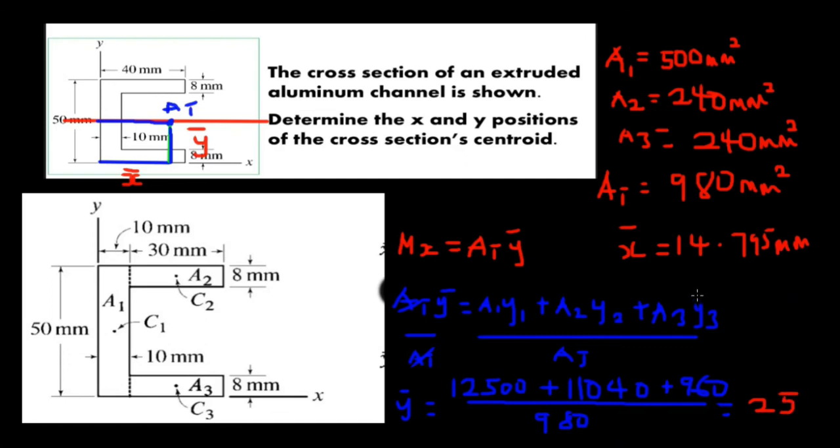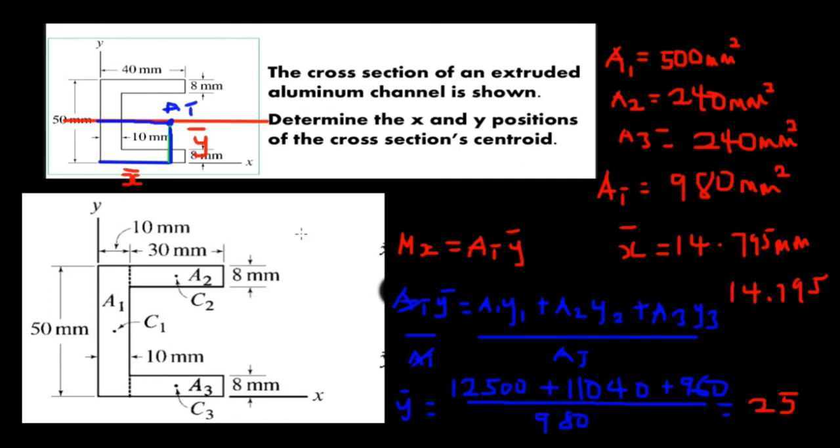If you recall, we got our x bar to be, I think, 14.79. Yes, we got 14.795. This is what I have here. And then we got our y bar to be 25.